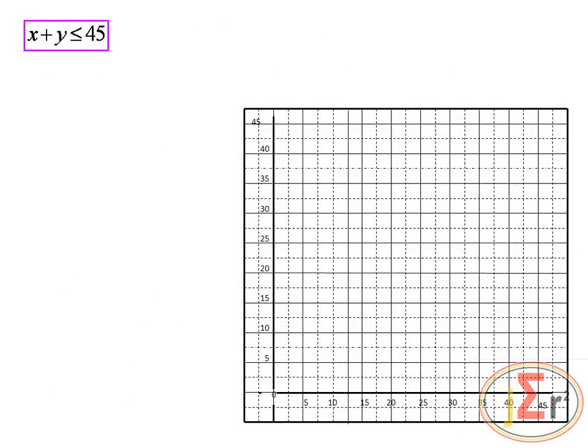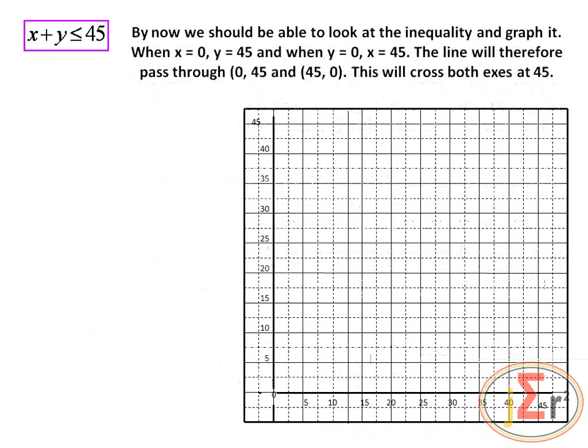X plus y is less than or equal to 45, and that is one of our good friends. By now we should be able to look at the inequality and graph it. When x is equal to 0, y is 45, because we have this format where the x and y values are on the left and the constant value is on the right.